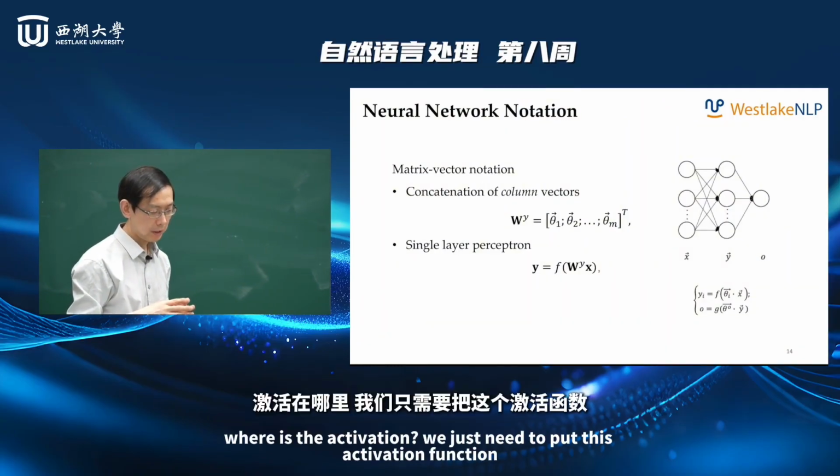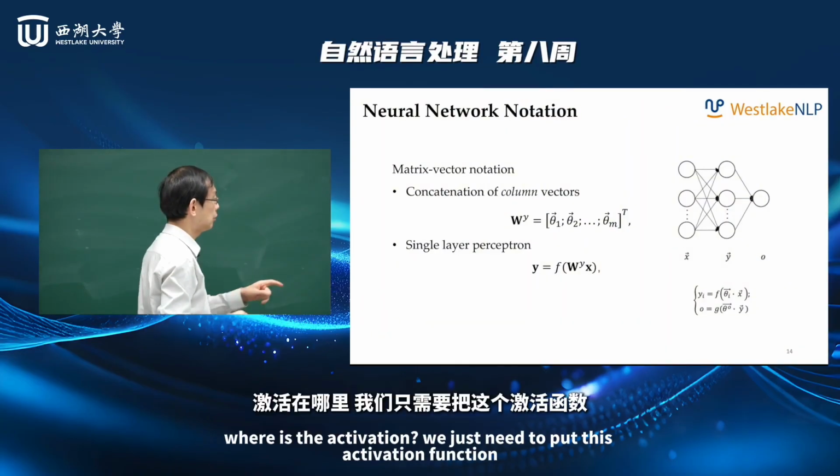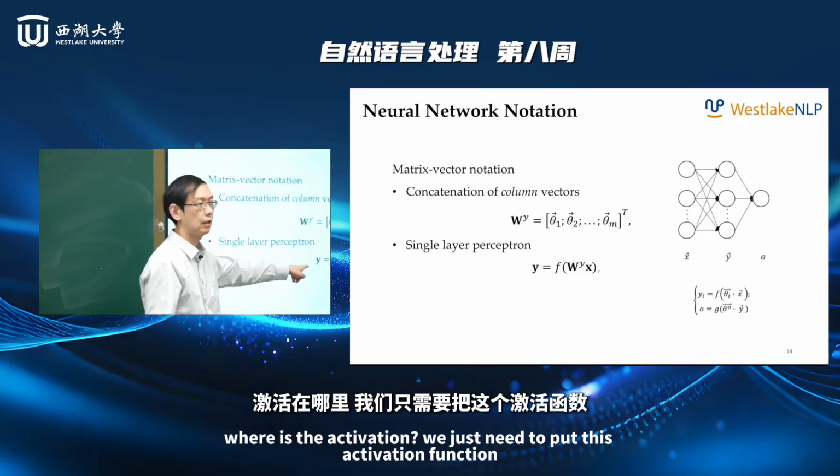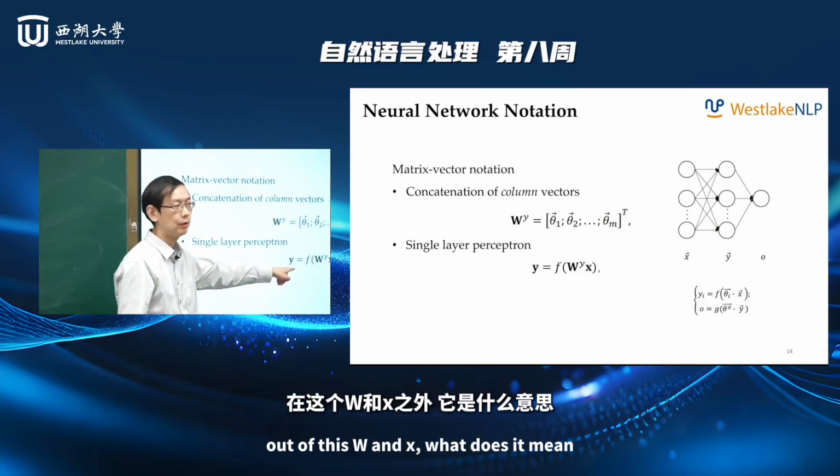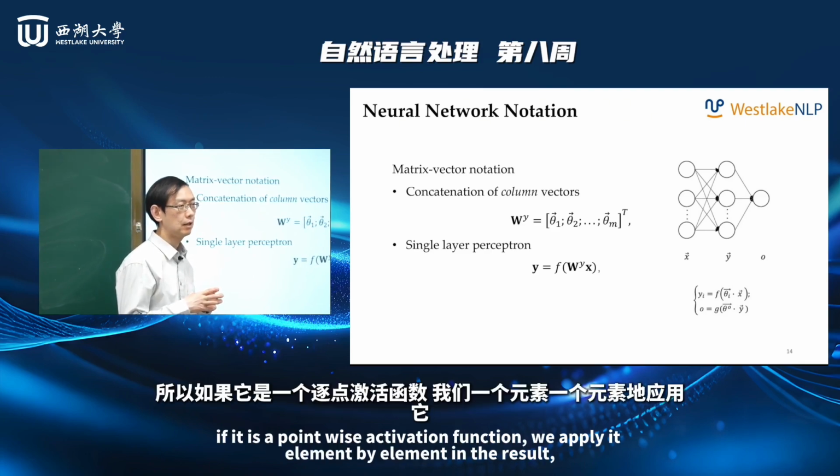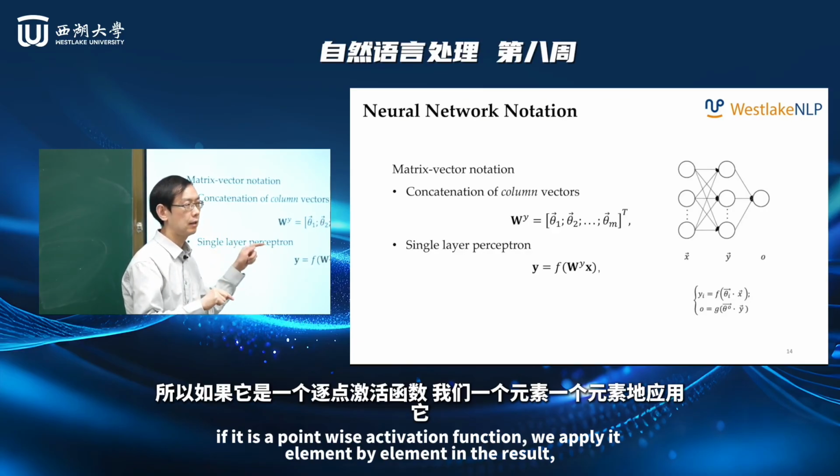Where is the activation? We just need to put this activation function outside of this W and x. What does it mean? If it is a point-wise activation function, we apply it element by element in the result.